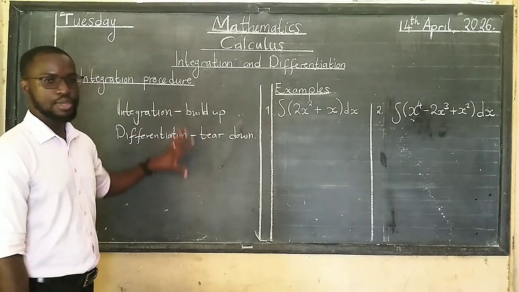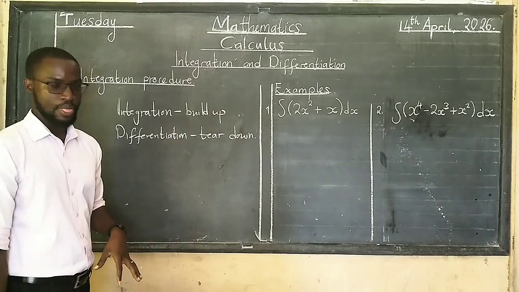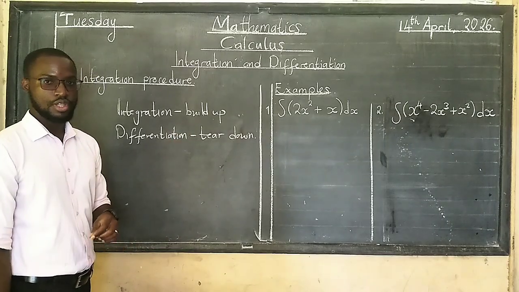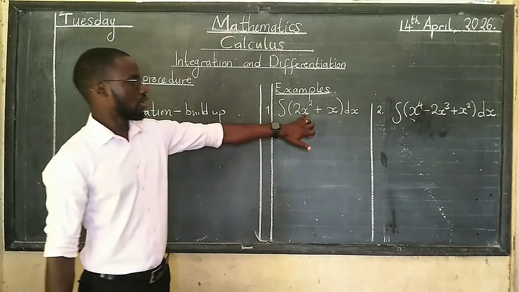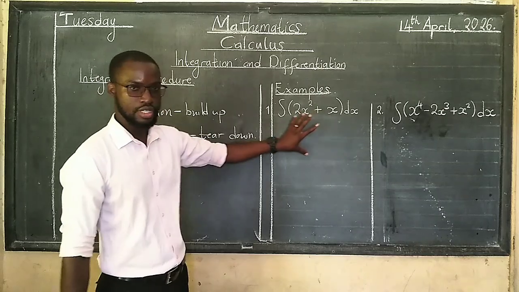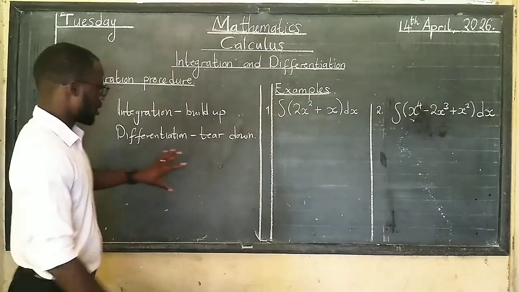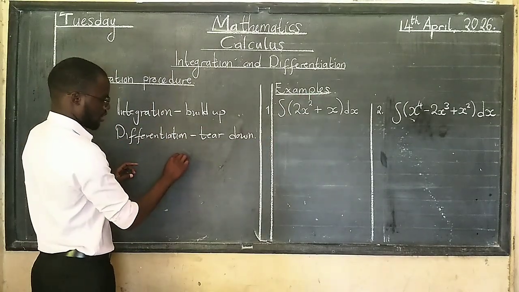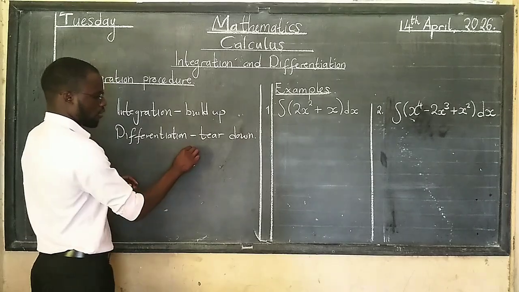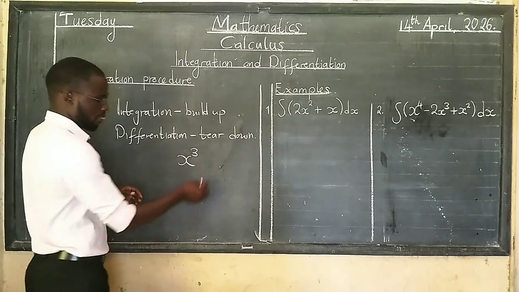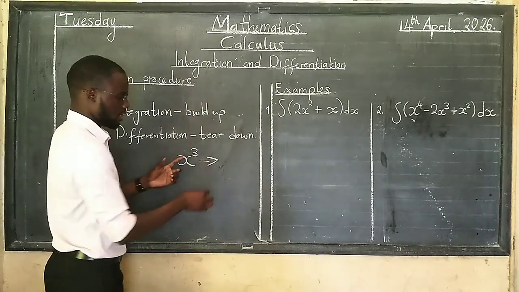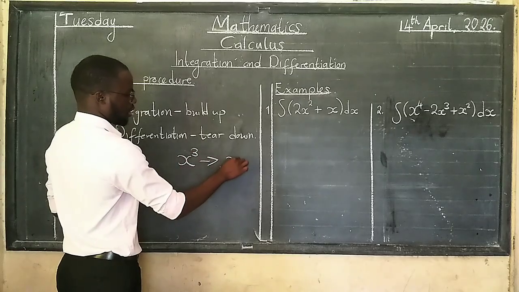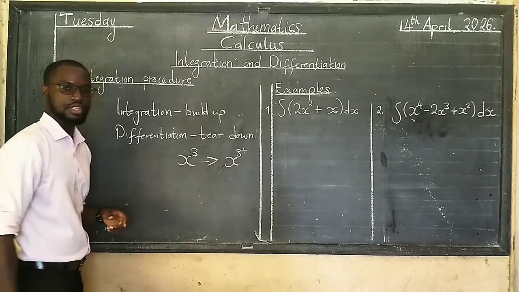So what are we building up? What are we tearing down? These are the powers of the variable. Most likely, you are given x. This is integration. We'll get there. So let's say for integration, the power of x, let's say it's 3. When you are integrating, the power of x will be increasing.